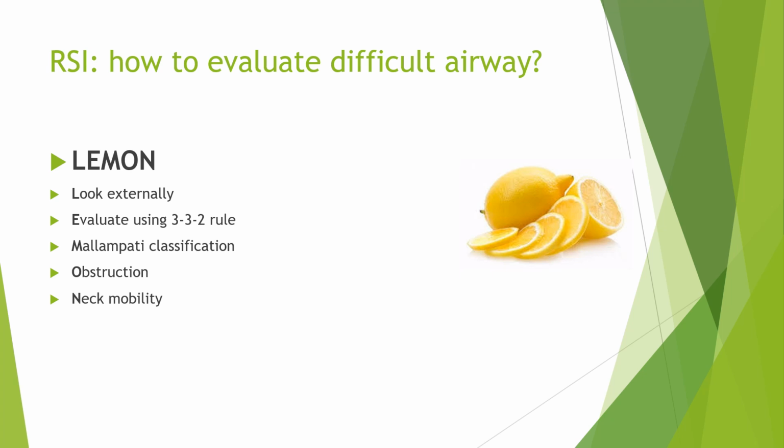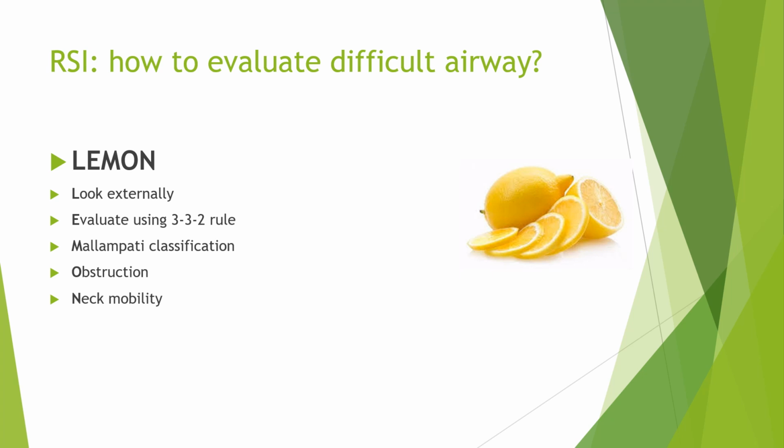Talking about difficult airway, how do we evaluate whether the patient has a difficult airway? There's a mnemonic, LEMON. L means look externally. E means evaluate using the 3-3-2 rule. M means Mallampati classification.